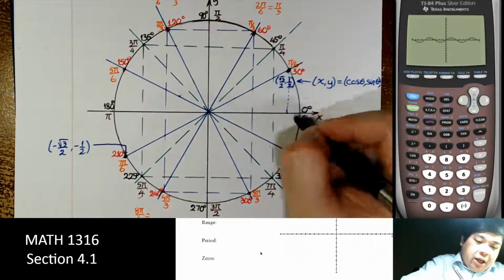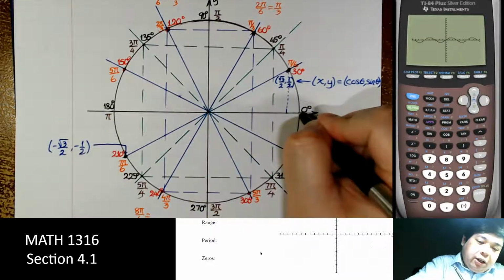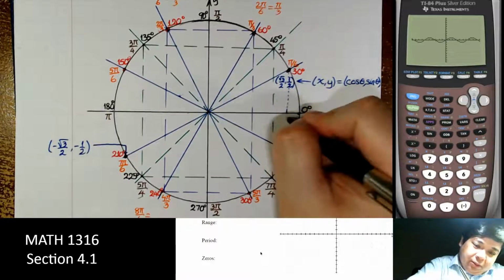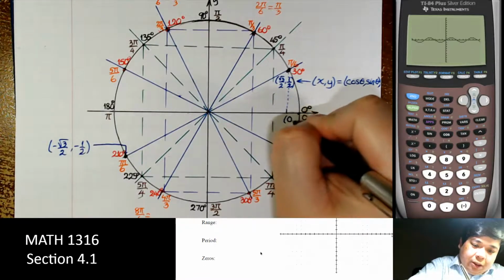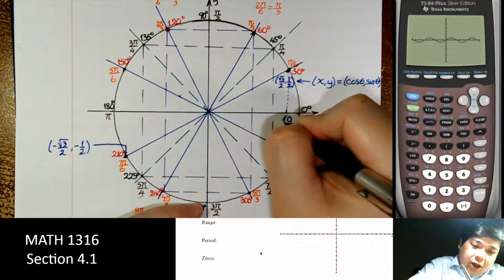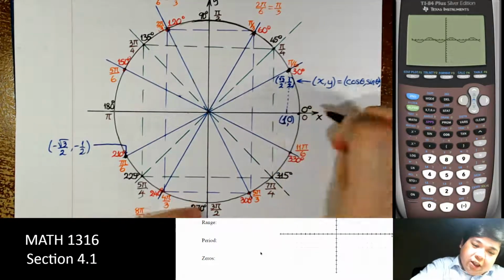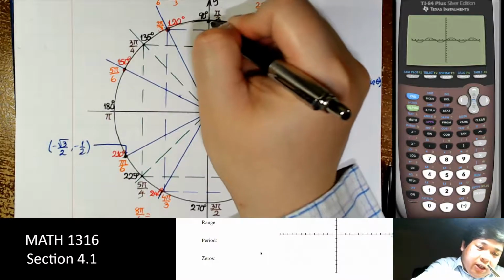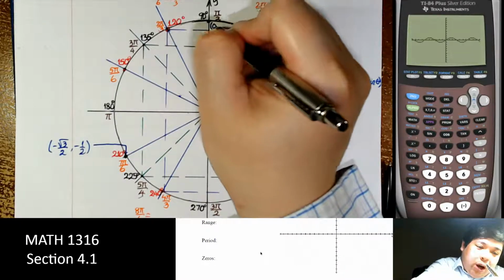We start with this point, x equal to 1, y equal to 0. So we focus on the y values. This point, x equal to 0, y equal to 1.